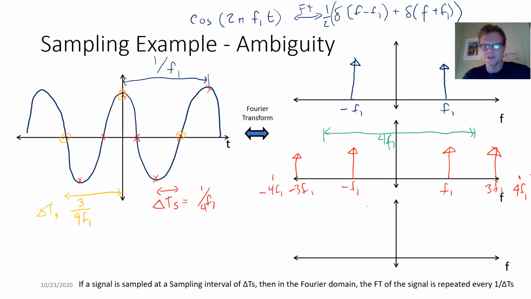So what's going to happen in this case? We're going to get our original copy of our Fourier transform, but then we're going to have replicas centered around 4/3 f1 and minus 4/3 f1.